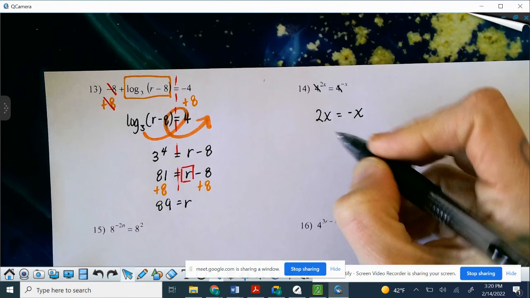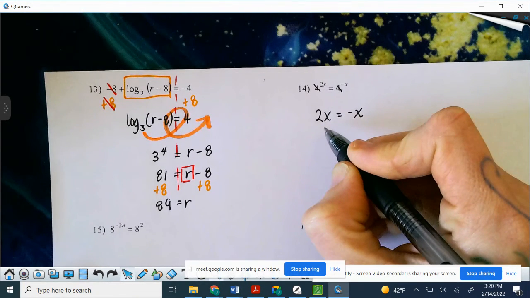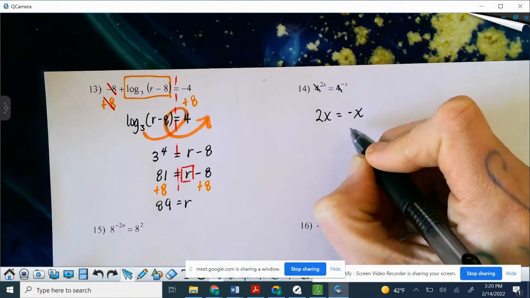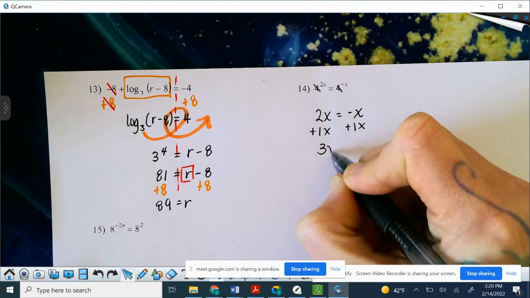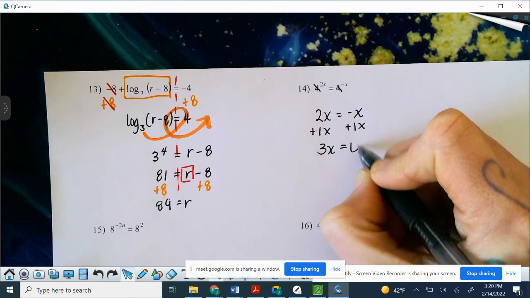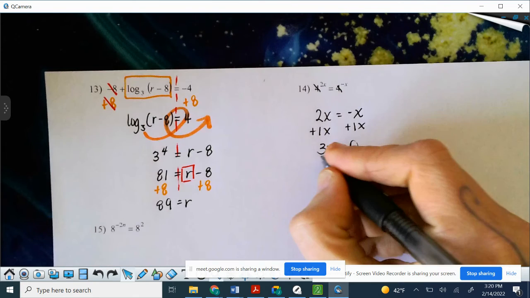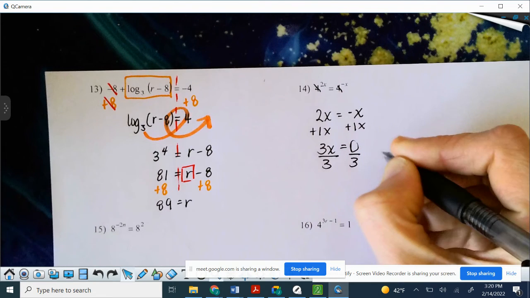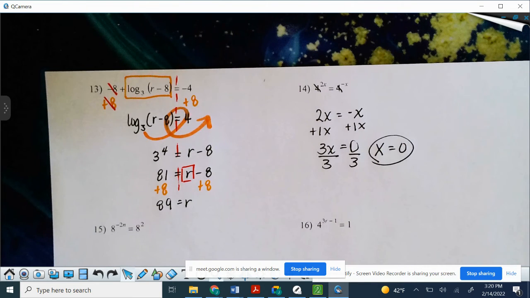We are going to move everything to one side because we want it to be x equals, and these are like terms. So I'm going to add 1x because I like numbers to be positive. Equals 0 because you just clean that side off, just like we did with the quadratic one. We need to get the 3 off the x, so we're going to divide by 3. In this case, x equals 0. Not always going to be 0, just how this one worked out.